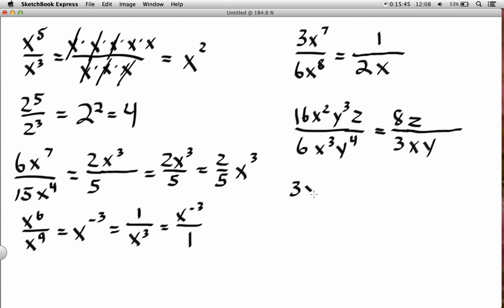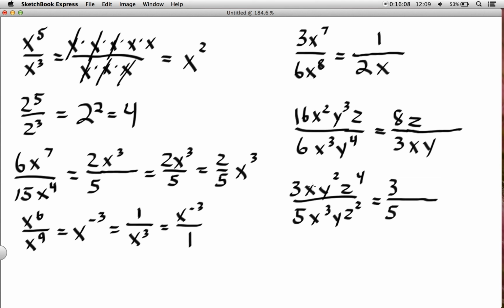All right, let's do one last problem. So 3 over 5, this time we can't simplify it, so we'll just leave it like that.